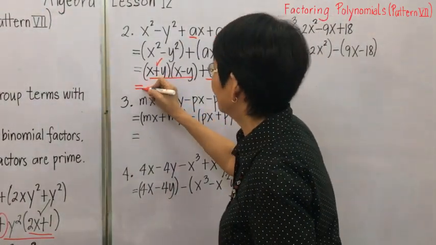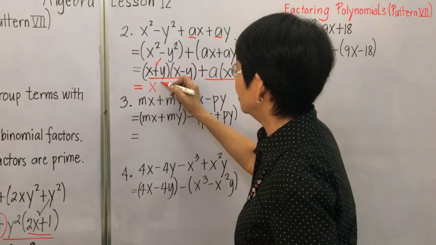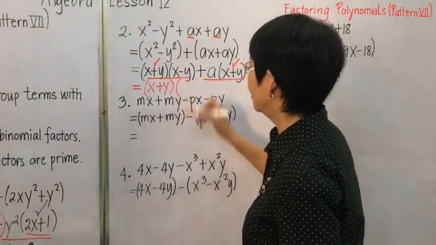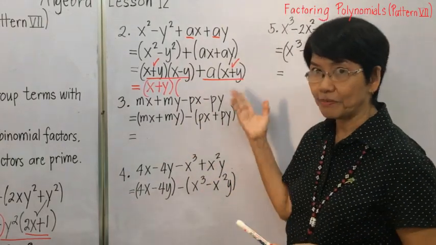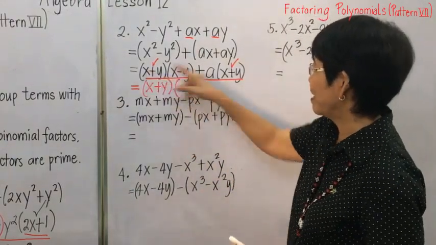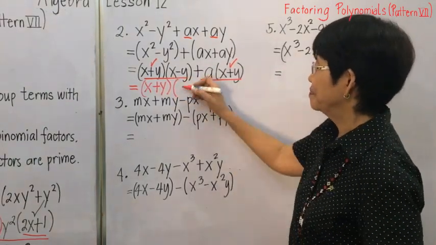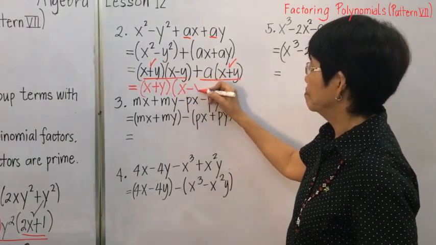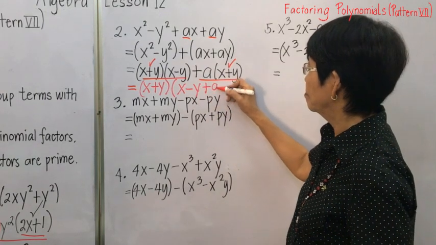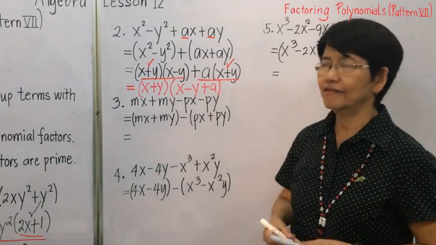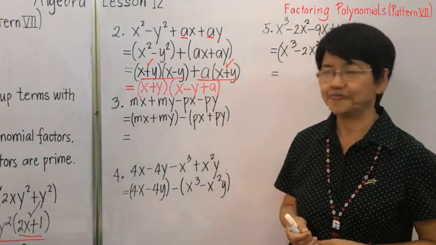So the final answer is you factor out the common binomial and whatever is left, you copy. So what is left when you factor out this one? X minus y plus a. So this is your final answer.